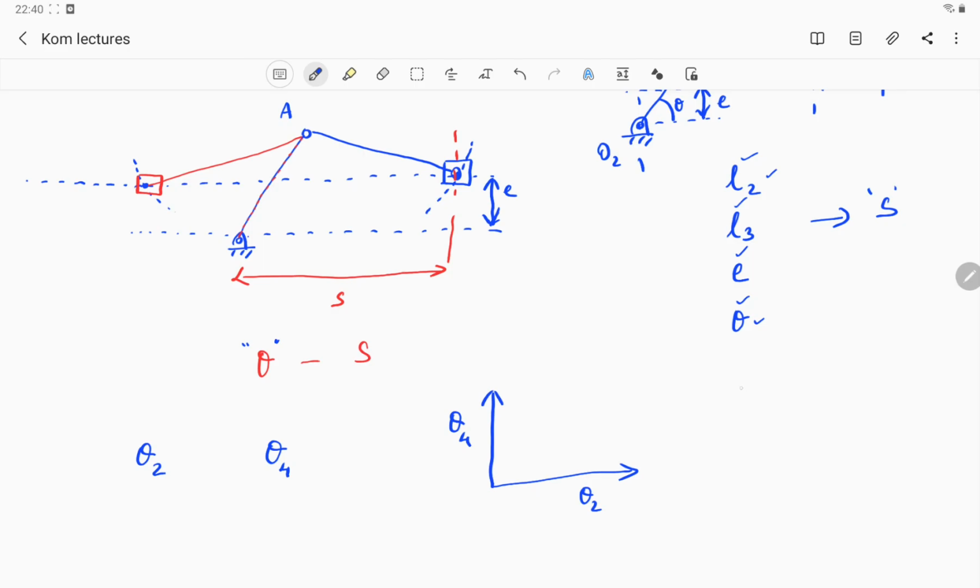And similarly for the slider crank mechanism, for different theta, what is S? I'll be interested to know that. Okay, how can we identify?